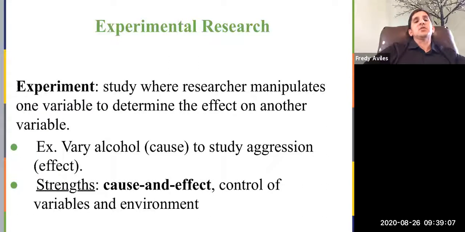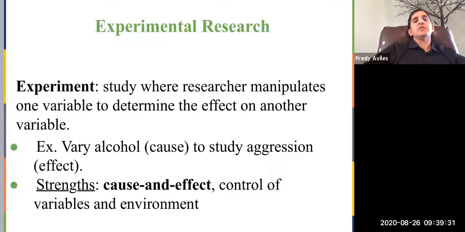You are varying something, you're manipulating something, and you want to see what it does to something else. You want to see what it does to aggressive behavior. So alcohol is the cause, that is what we're manipulating, and aggression is the effect. That is what we call an experiment. An experiment is a study that basically tries to get at cause and effect.